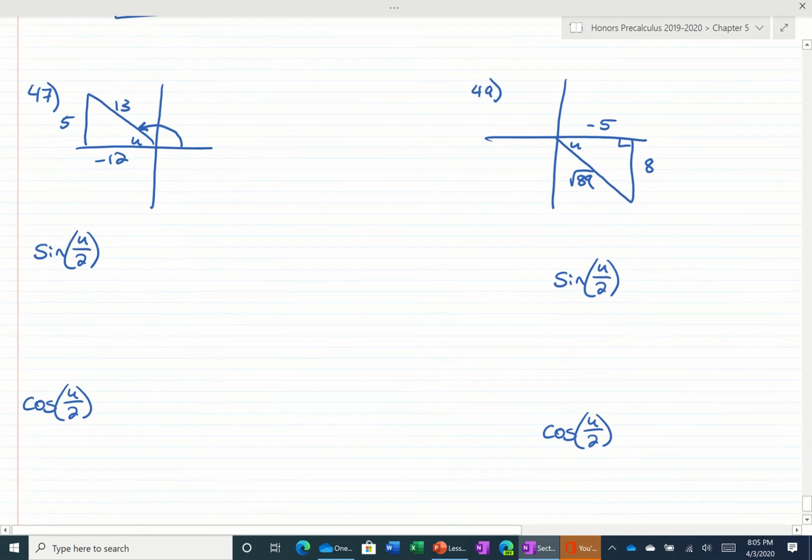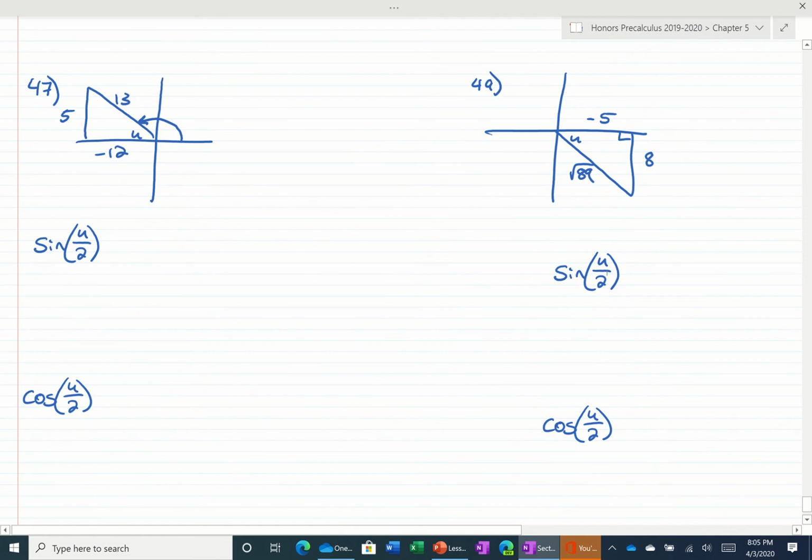Now, in order to find the sine of U over 2, it says that angle U terminates in the second quadrant, right? So if this is going to be our angle where U terminates, U over 2 is what we're finding. If you pick any angle in quadrant 2, say like 100 degrees, so say that U is 100 degrees.